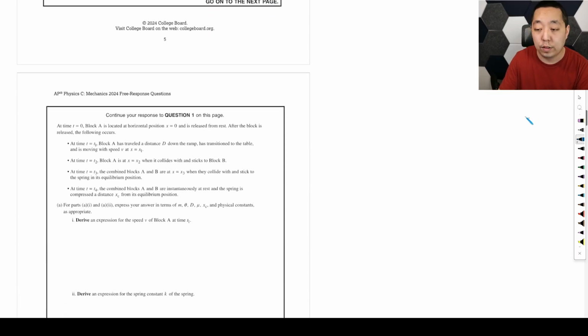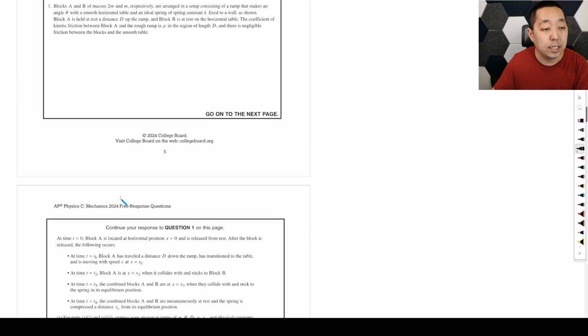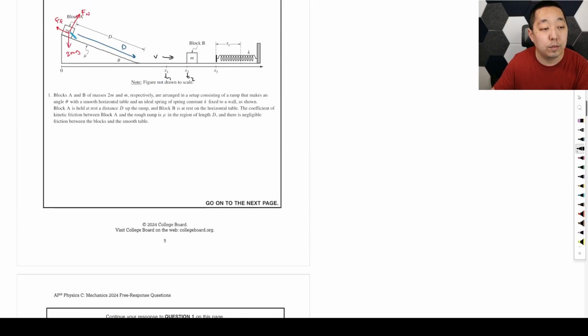So again, for this one, I always think about work as the change in energy. Now the work is negative mu Fn times d, and then we'll get to the Fn here, and the change in energy is 1/2 mv squared, that's the energy we have down here, and initially we have gravitational potential energy because we included Earth in the system, so we're not going to have the 2mg doing any work, because that's internal.